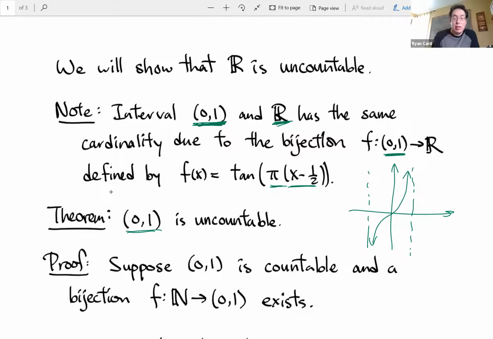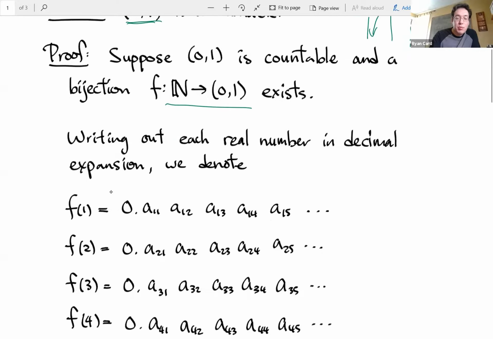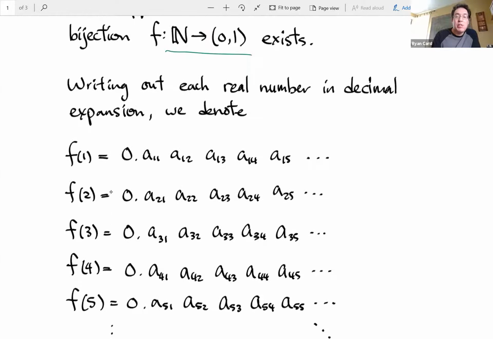We're going to do this by contradiction. We first suppose that there's a bijection between the natural numbers and all the numbers between 0 and 1. And then we're going to make a grid of digits. Any number between 0 and 1 could be written as 0.235716092 and some infinite sequence of decimal expansion.